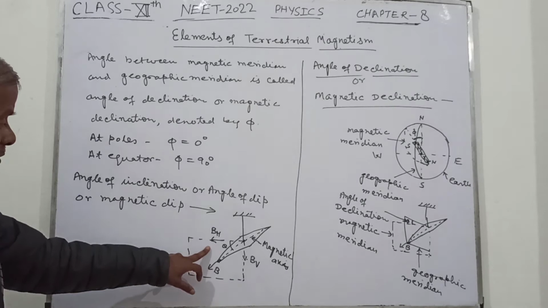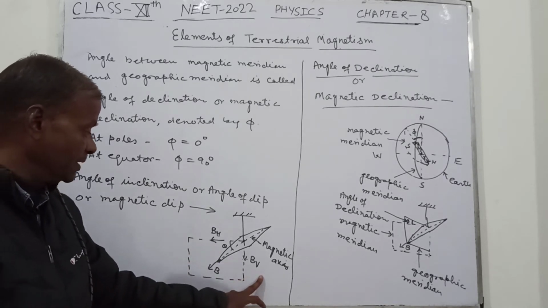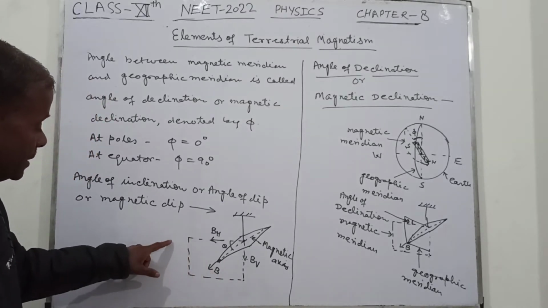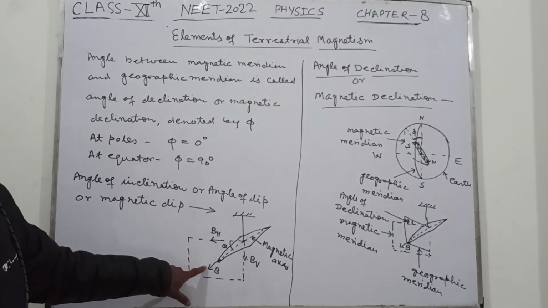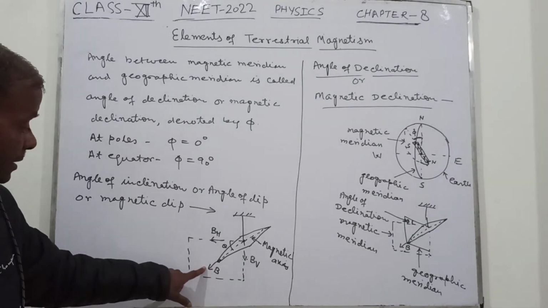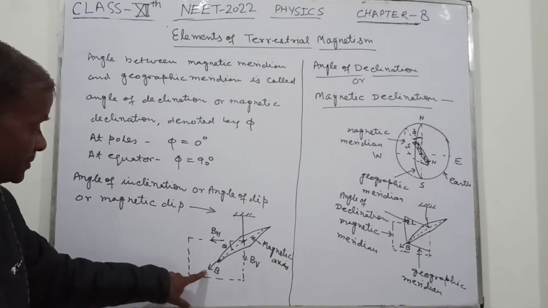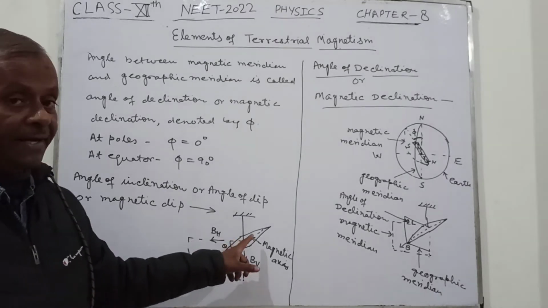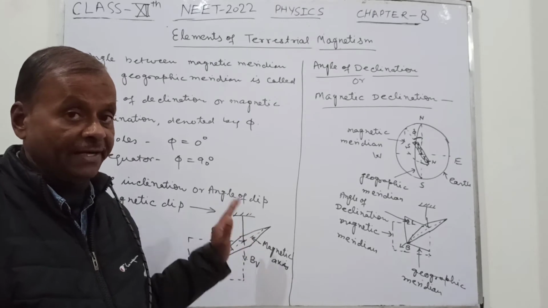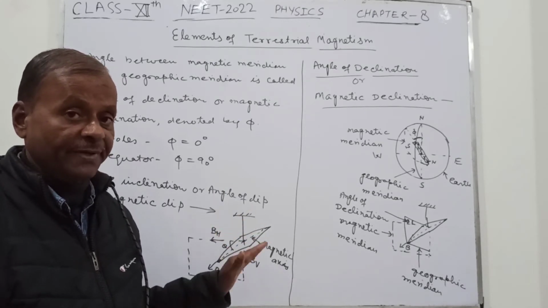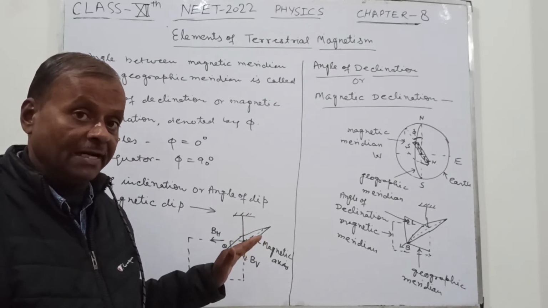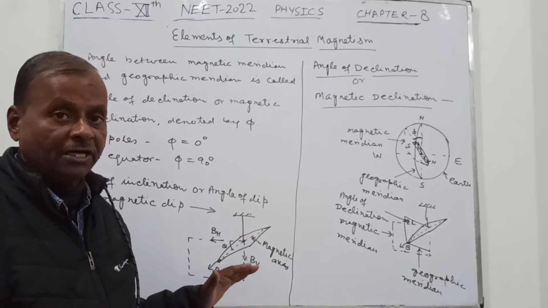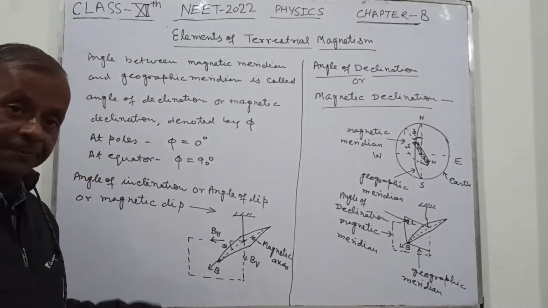BH is the horizontal component of the Earth's magnetic field, and BV is the vertical component. The angle between BH and B, the total intensity of the magnetic field, is called the angle of inclination. If a magnet is suspended freely, it is inclined with the horizontal at some angle, and this inclination is called the angle of inclination, or the angle of dip, or the magnetic dip.